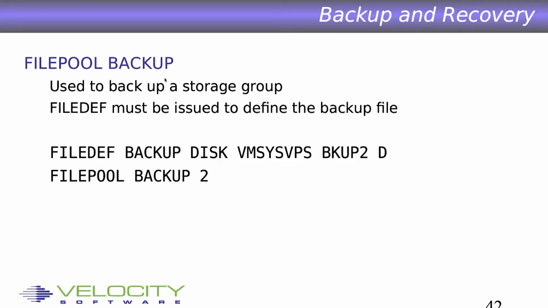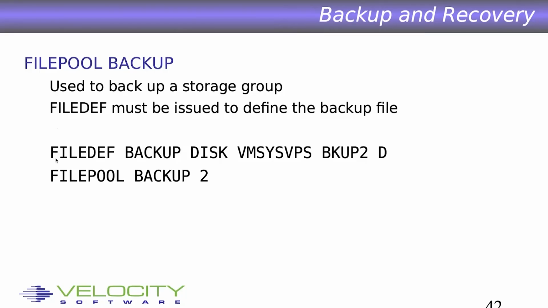So FILEPOOL BACKUP can be used to back up a storage group. Remember, a storage group is a collection of mini disks that users store their data in. A FILEDEF command, now this is a new CMS command, must be issued to define the backup file. If you're a z/OS person, think of this as a DD statement in your JCL.